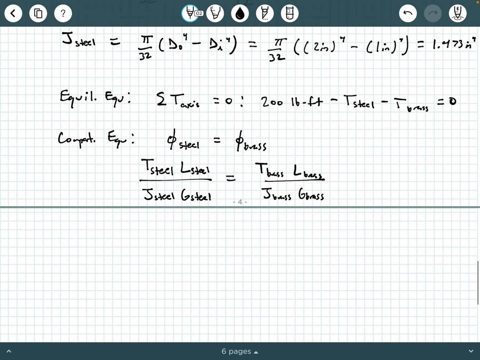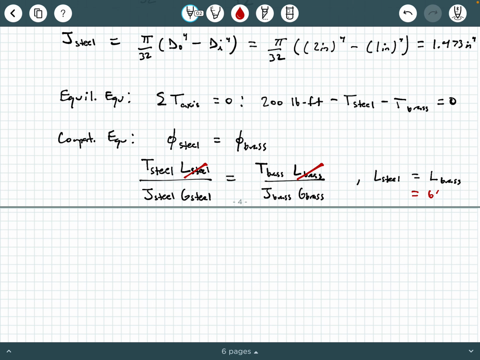Okay. Now, recall that both of these materials have the same length, right? So we know L steel equals L brass, all right? And so because these lengths of each of the materials are the same, they're equal to one another, we can clearly cancel the L value out, okay? So they're both 6 feet, right? So 6 feet on each side of that equation cancels out.